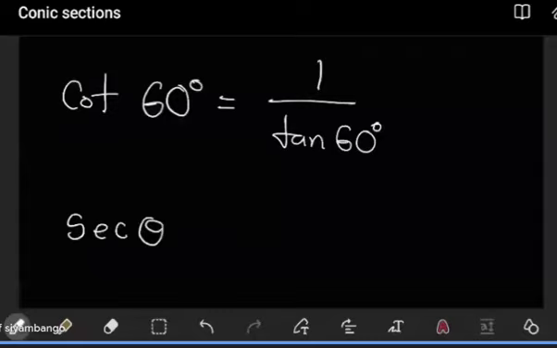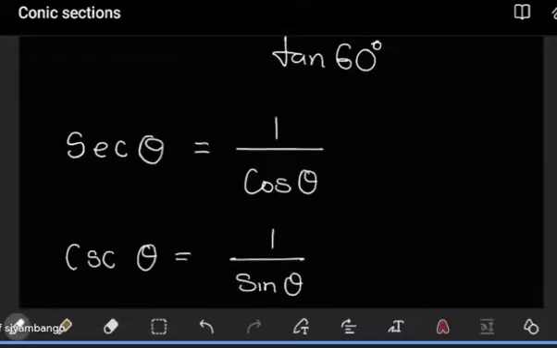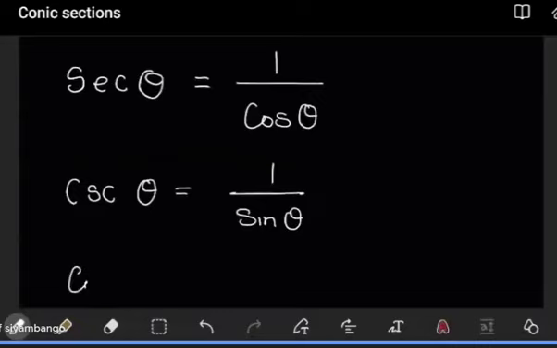If you had sec theta, this is the same as 1 over cos theta. If you have cosec theta, this is the same as 1 over sine theta. So this is where you end up now if you had cot theta. This is the same as 1 over tan theta.